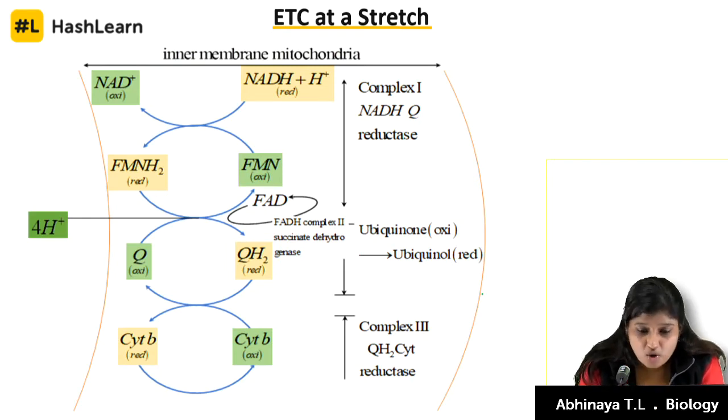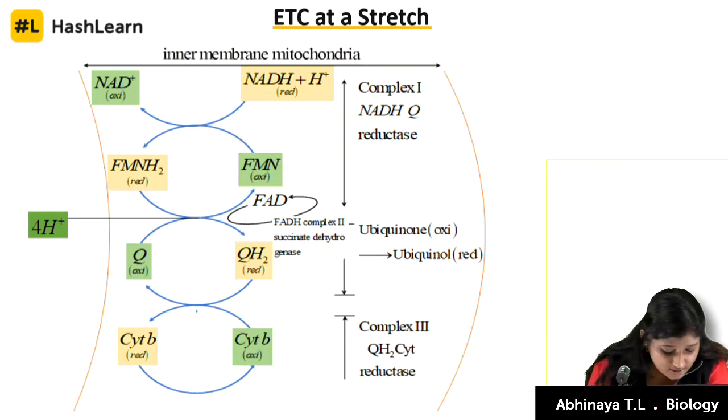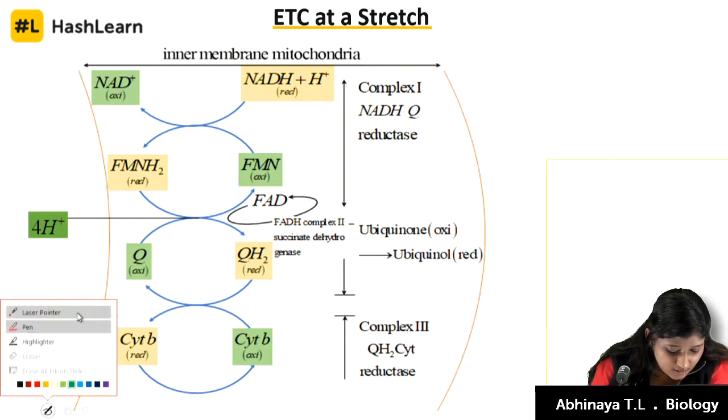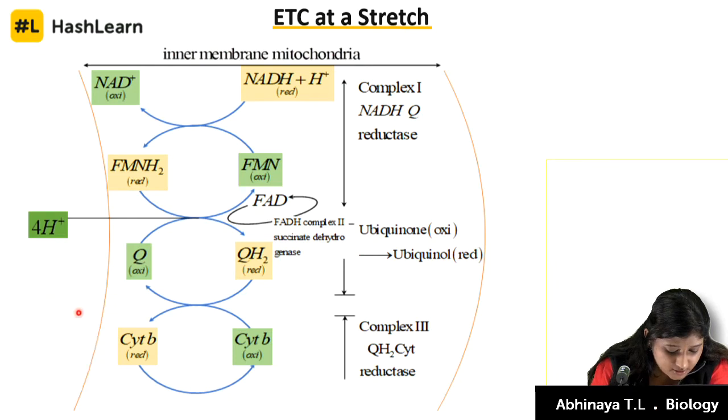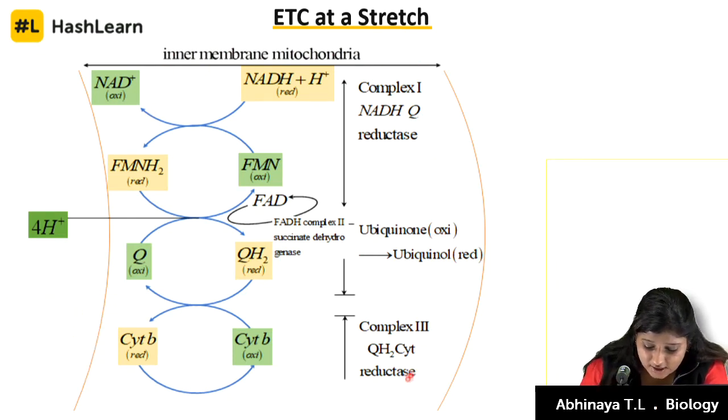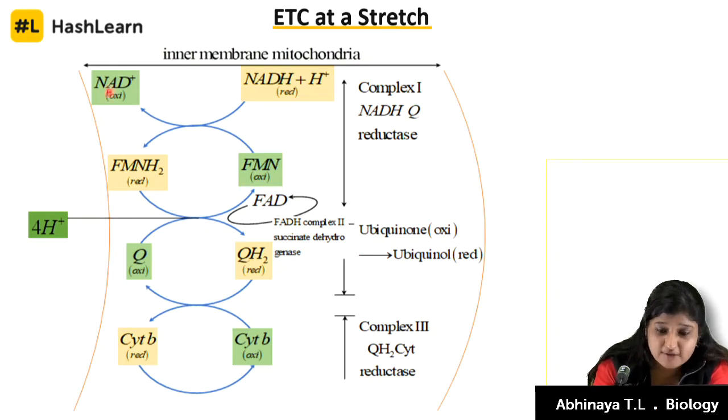Cool? Okay. So, this chain which I have drawn here, let me use the laser pointer. This entire chain which I have drawn is inside the inner membrane of mitochondria.